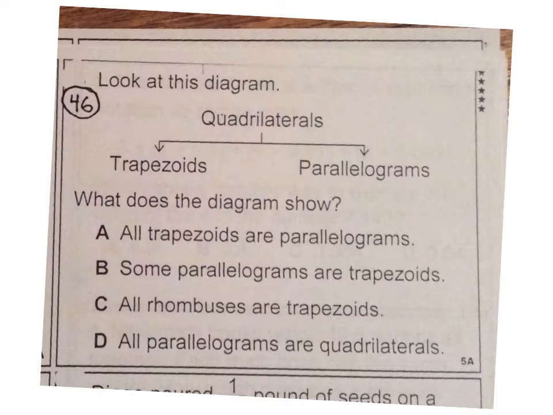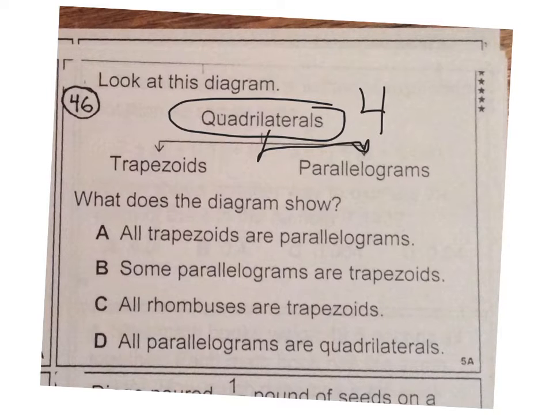Number 46. Look at this diagram. We have an overarching set of quadrilaterals, which is a 4-sided polygon, and they're split into subsets of parallelograms and trapezoids.